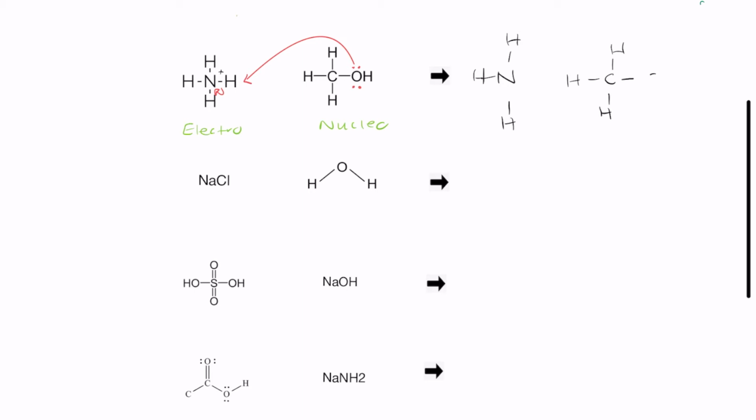And methanol actually gained a hydrogen. Where is that extra hydrogen going? It's going to go on the oxygen, right? Because the oxygen gave up one of its lone pairs to the nitrogen. And it was left now with only 1 lone pair.